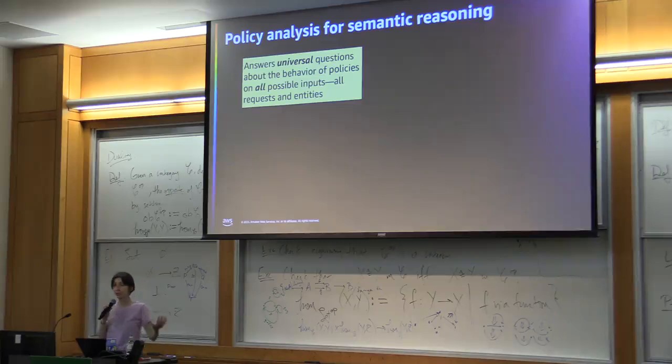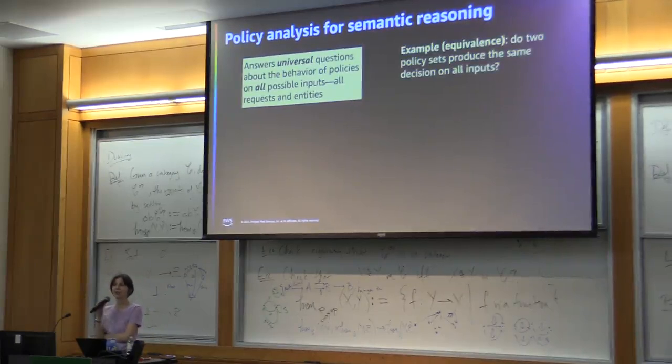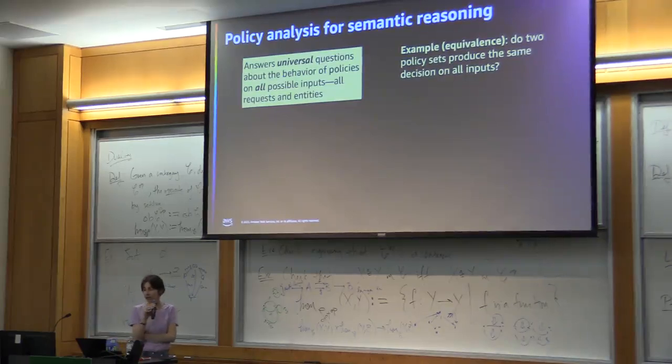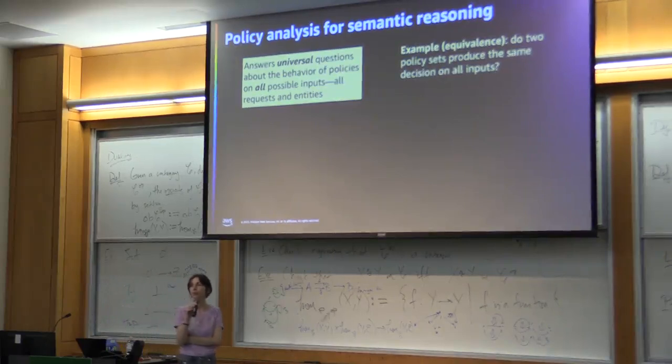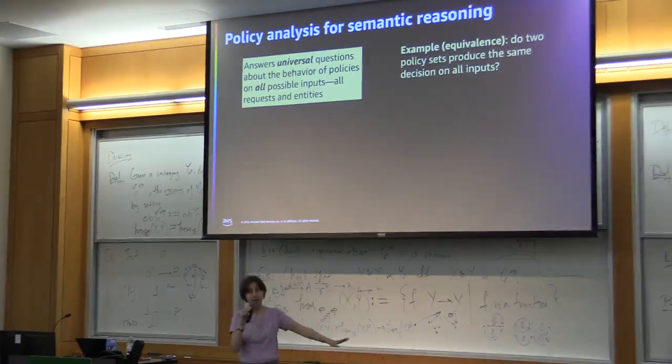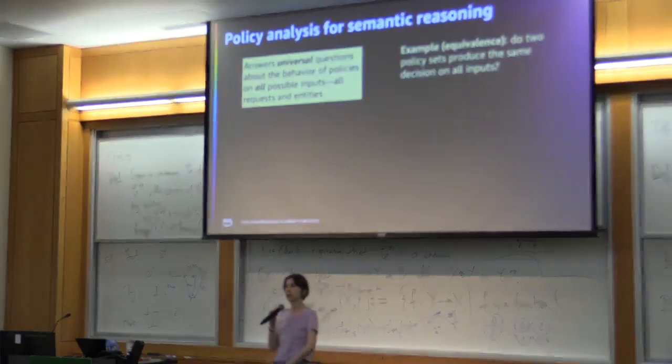There are many checks that you perform. If you play around with the analysis, the open source one that you downloaded, you will see a bunch of them. But the one that's easiest to understand is the classic, which is equivalence, right? And the equivalence check says it will check whether two policy sets produce the same authorization decisions on the entire universe of all entity stores and all requests.